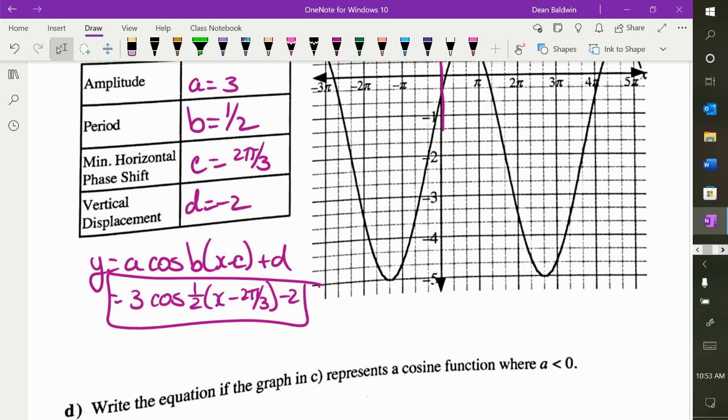That's the cosine function. And what's the last one we have to do? A value is negative. On a cosine, you're looking for the closest minimum. So there's the minimum right there.